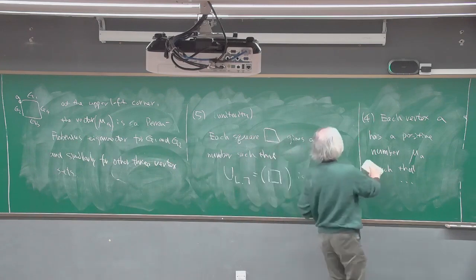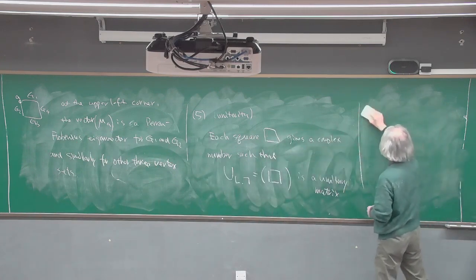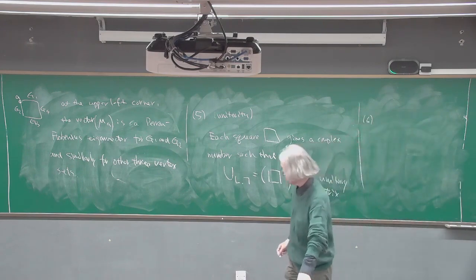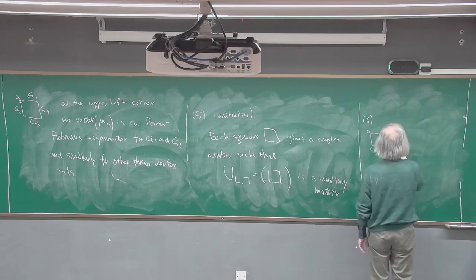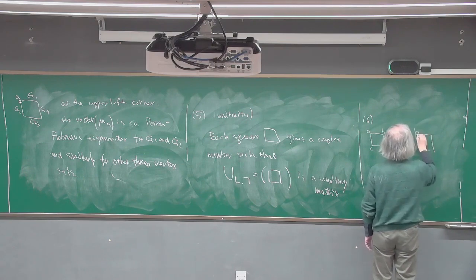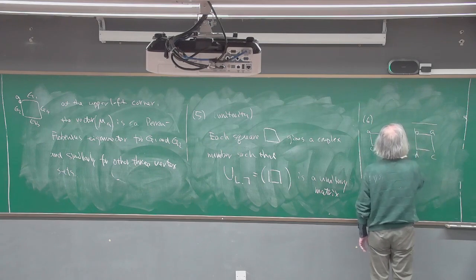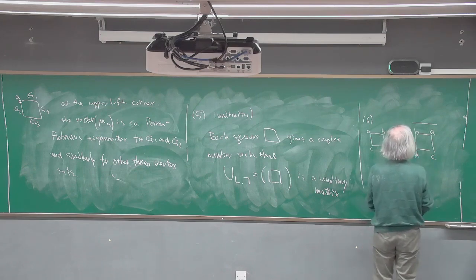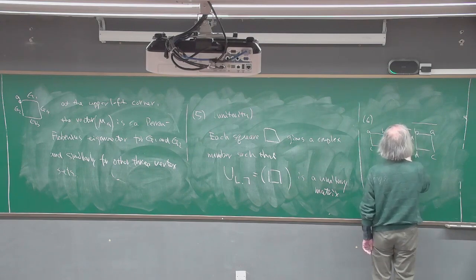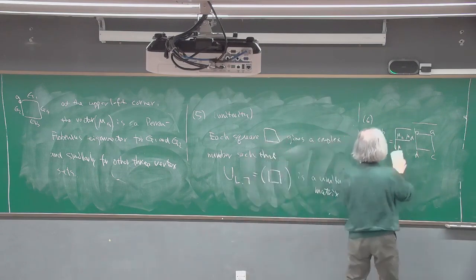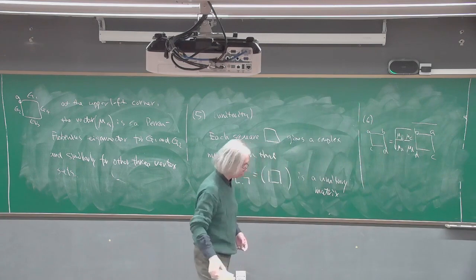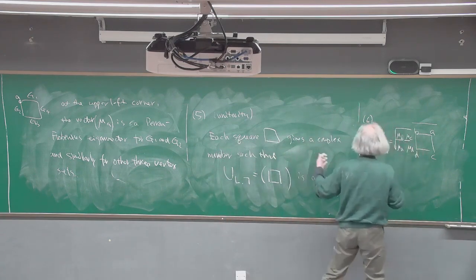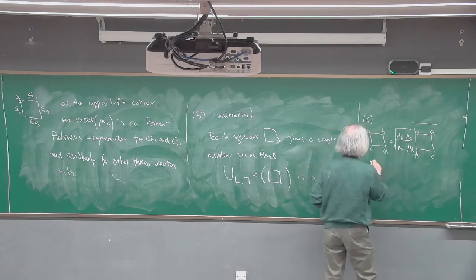Then I also have another unitarity. Now I explain the normalization precisely. Each vertex has a weight given by a Perron-Frobenius eigenvector. Then this is a horizontal reflection.